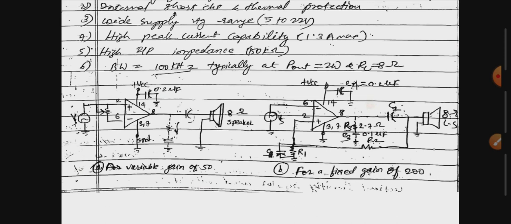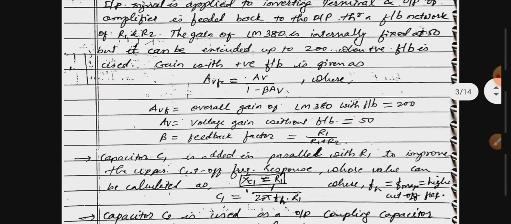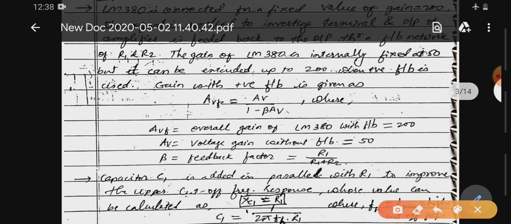So gain with feedback is given by one formula, that is AF is equal to AV divided by this formula. Here you can see AF, gain with positive feedback, AVF, VF stands for feedback gain, voltage gain with feedback is equal to AV by 1 minus beta into AV.